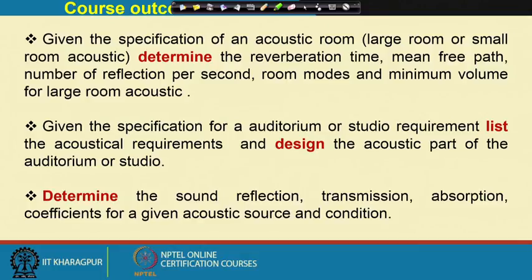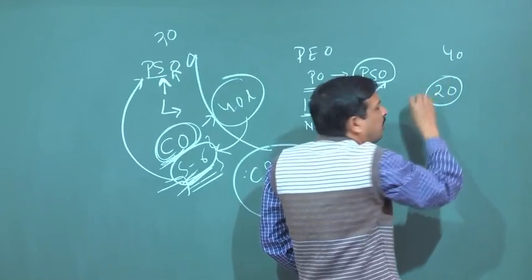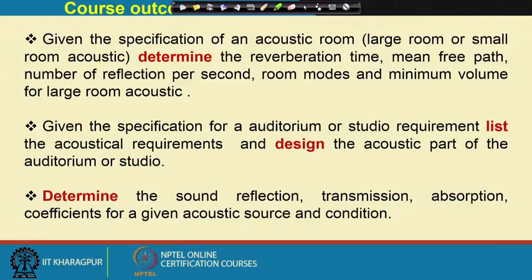I will show you some examples of course outcomes. This is the course outcome which I have written for my course. This is a 40 lecture course, but these outcomes are written for half of the course, the acoustics part, not the entire course. There will be two parts: one is acoustics, another is acoustic instruments like amplifier, microphone, loudspeaker, which I have not included here.